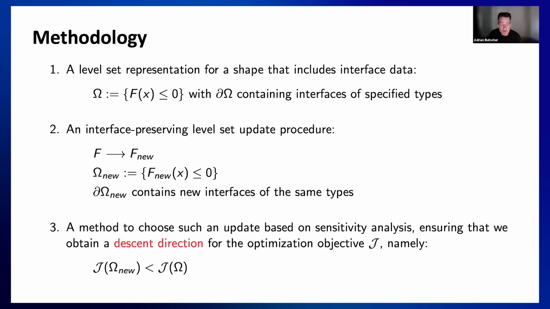Ingredient number 2 is going to be a method to update the level set function in such a way that the new level set function has interfaces of the same type.